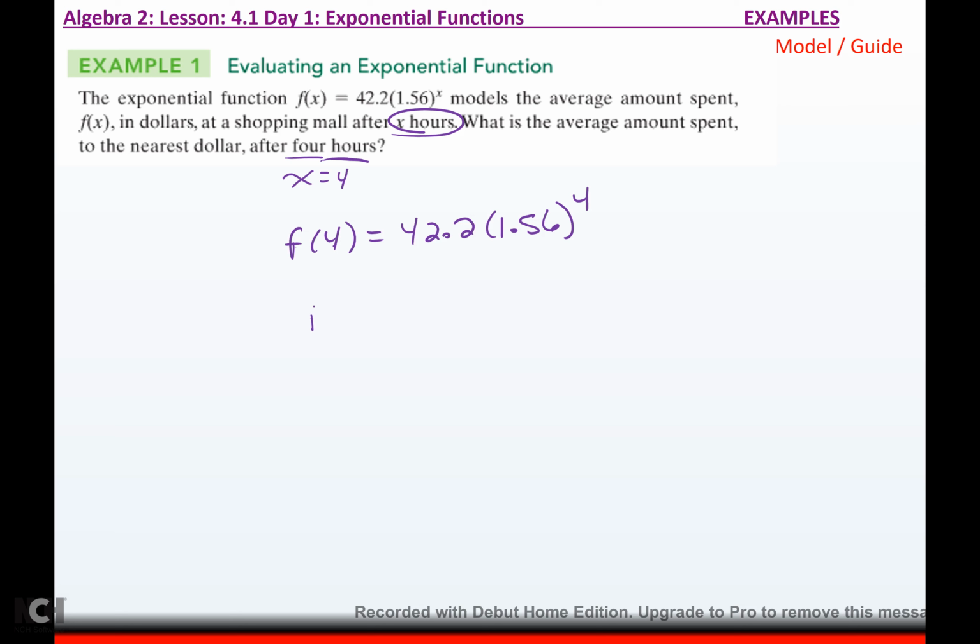And I get f of 4 is 249.9256581. And it says, what is the average amount spent to the nearest dollar? So they want me to round to the nearest dollar, which makes this $250. So after 4 hours, the average amount spent is $250. Wish I had that to spend in 4 hours.